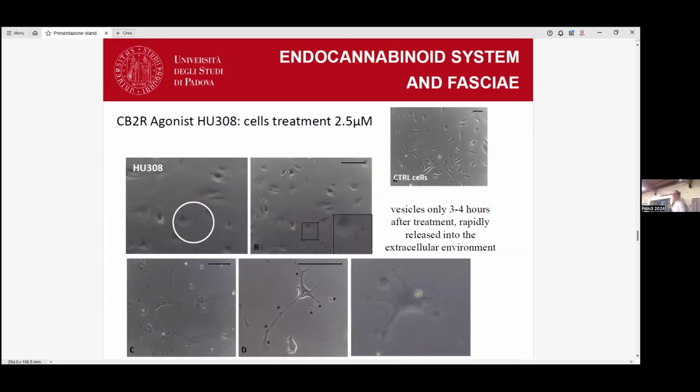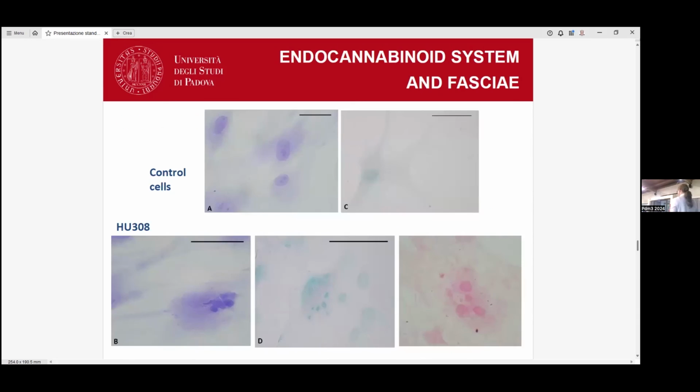So we isolated the cells from the fascia, and in the lab we stimulated them with an agonist of CB2. We were surprised to see that the cells activate and start to produce hyaluronan in the extracellular matrix. So it means again that the endocannabinoid system is able to improve the production of hyaluronan in our fascia.